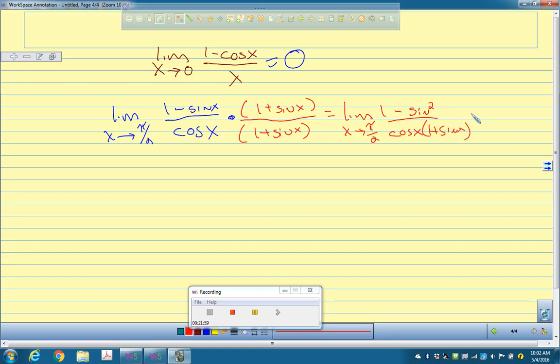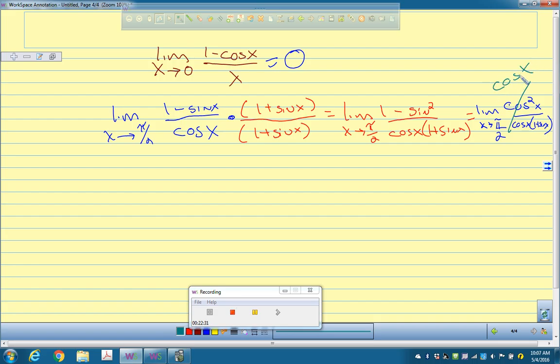Do you guys remember from first semester what 1 minus sine squared x is equal to? Cosine squared x. See, you remembered something from first semester. So it becomes the limit as x goes to pi over 2 of cosine squared x over cosine x times 1 plus sine x. I know this is evil, but then what I could do is cancel out one of my cosines.